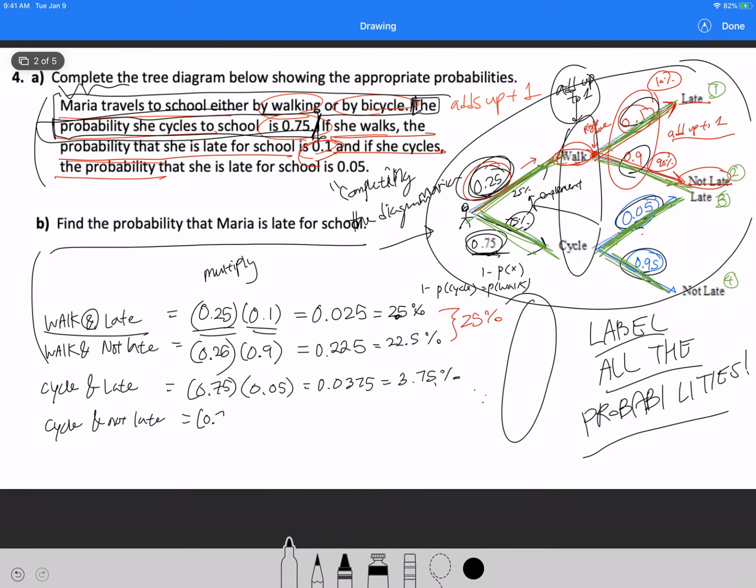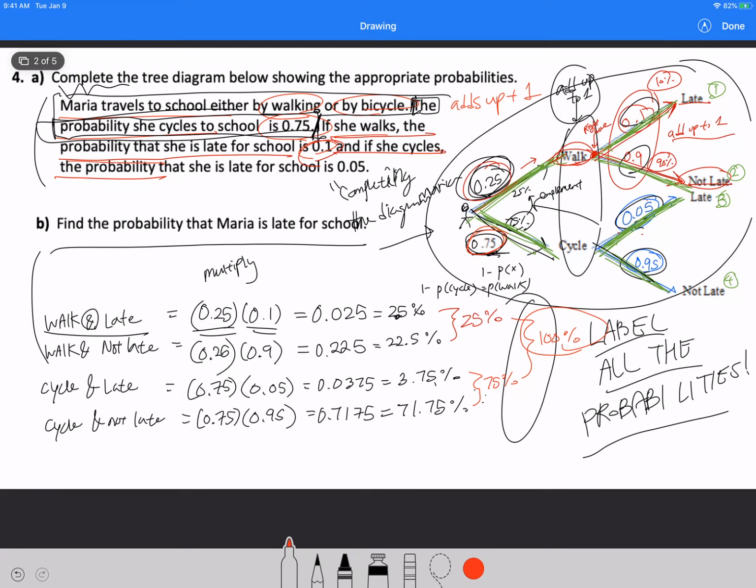And then 0.75 times 0.95, because that's the branch cycling and then not being late, gives you 0.7125, which is about 71.25%. When you add these up, you get exactly 75%, just like the original. And finally, when you add everything up, you get 100%. No matter what you do, all of these cases should add up to 100%.